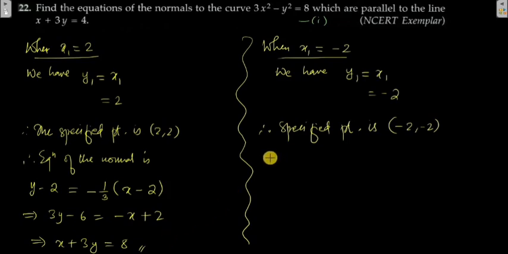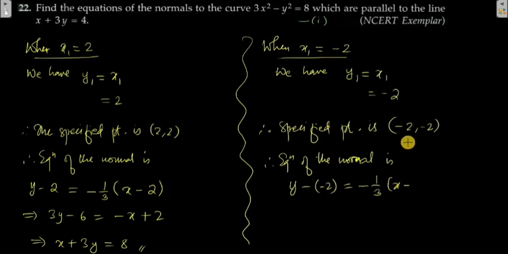Therefore the equation of the normal is y minus y1, where y1 is minus 2, is equal to the slope, which is minus 1 by 3, into x minus x1, which is also minus 2. Now again we'll do the same.